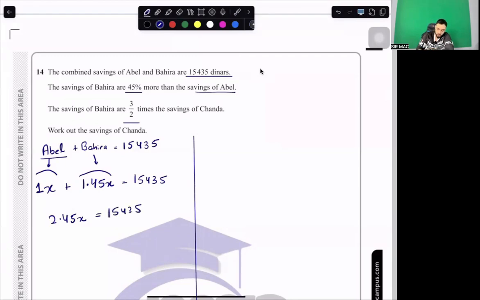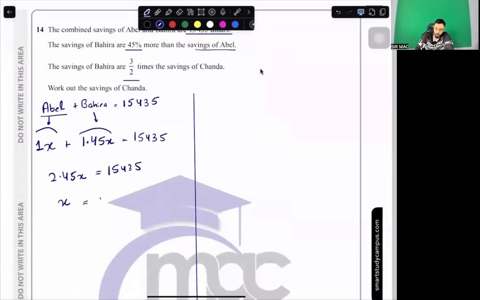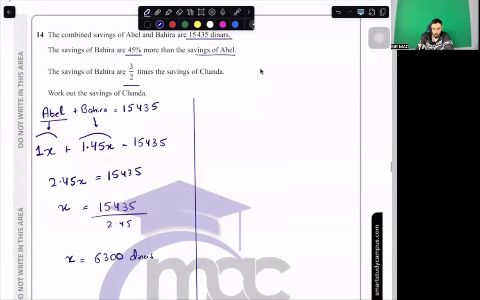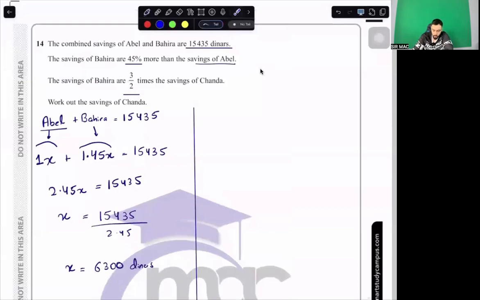I would just work out the value of x first of all. That's going to be the savings for Abel. So 15,435 divided by 2.45. These are the actual tricky questions. So 6300 dinars are the total savings for Abel, and if you multiply it by 1.45, you get the savings of Bahira.